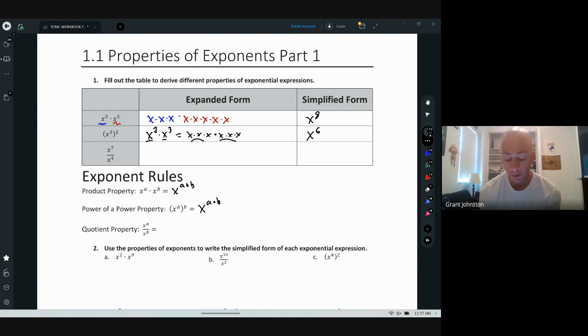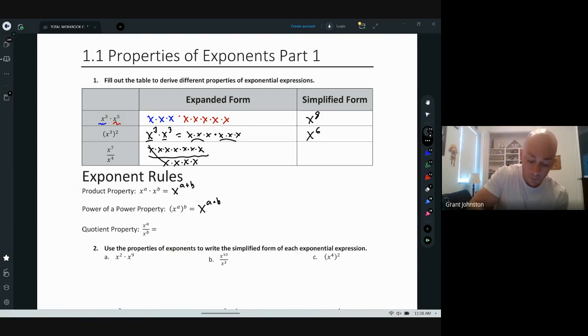The quotient property. So if we have x to the 7th divided by x to the 4th, if I expand that out, I have x times x times x times x times x, I'll write 7 of them. And then on the denominator, I'll have 4. Now what happens is that these reduce, right? Because x divided by x, or anything divided by itself, reduces to 1.